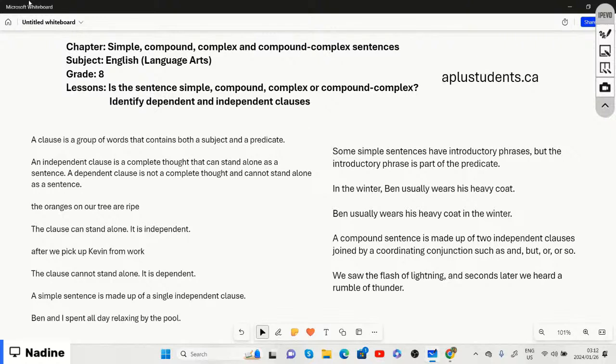Firstly, some simple sentences have introductory phrases, but it is part of the predicate.